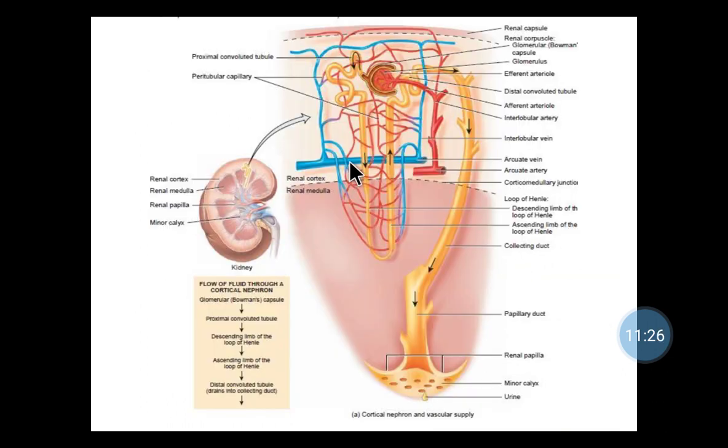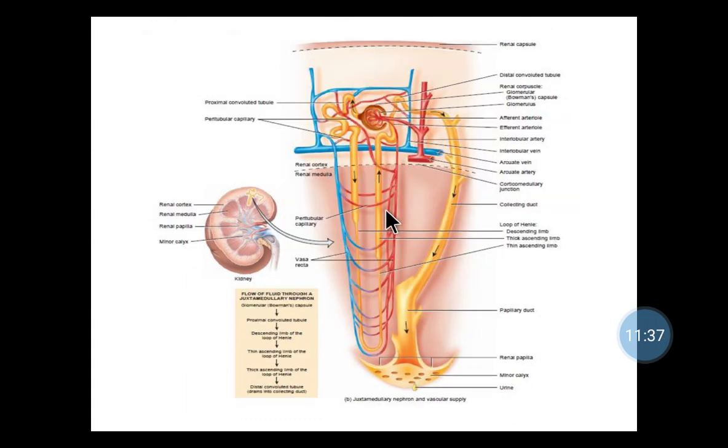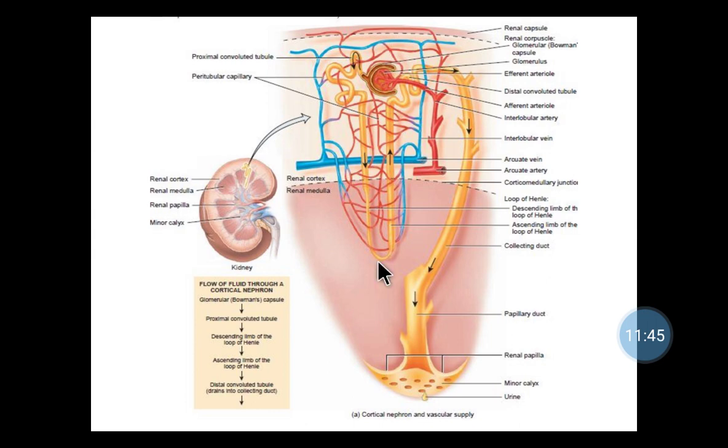This is the diagram of the cortical nephron. In this nephron, the loop of Henle is short, and in the juxtamedullary nephron the loop of Henle is long. The other difference is the ascending limb.